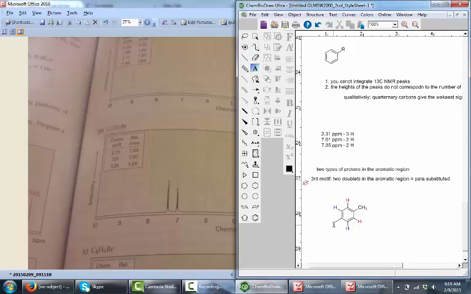And then finally, to account for what's going on in this molecule, I can put the bromine over there. So I should also ask myself which H's, whether my blue H's or my red H's, correspond to the signal at 7.35 and which one corresponds to the signal at 7.01.